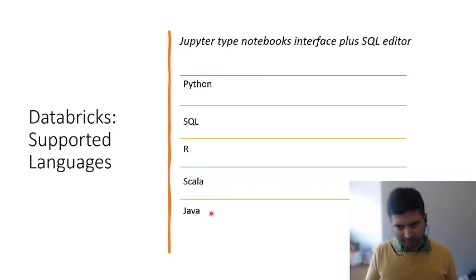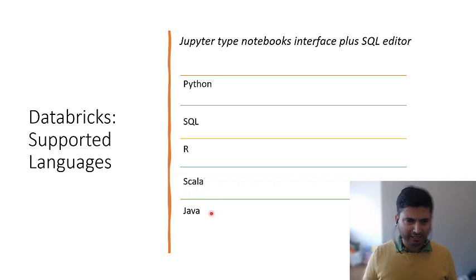I personally prefer Python because it has a lot of libraries, especially in the ML area, and it's just easy to learn. When I was learning, it was so much easier for me to get up to speed in this language. Python also has a wrapper that allows you to write SQL queries.